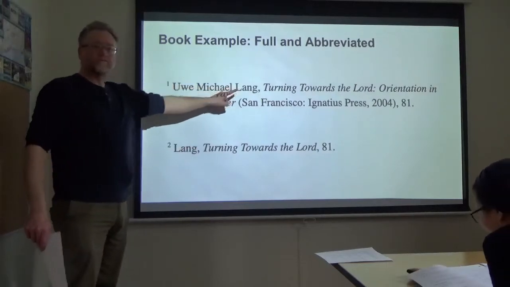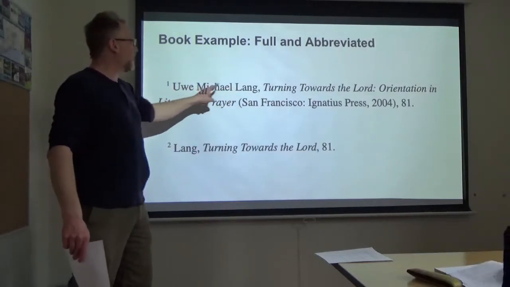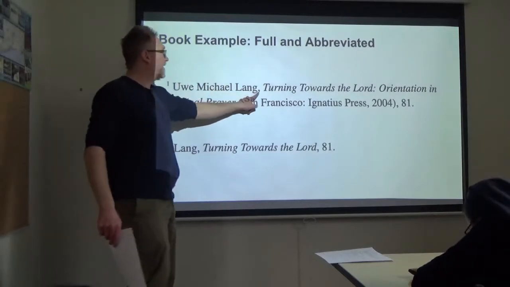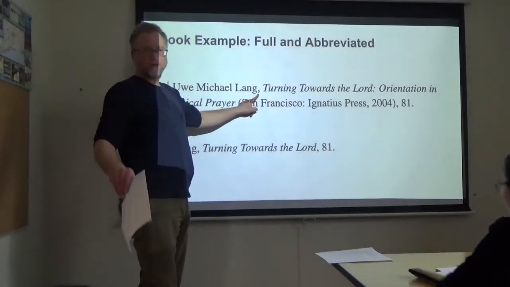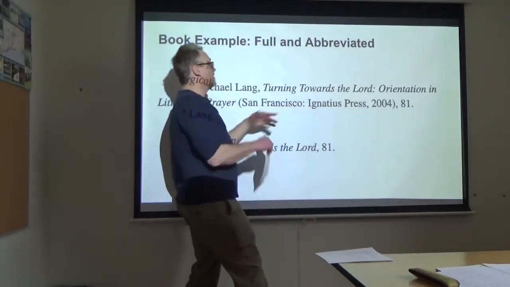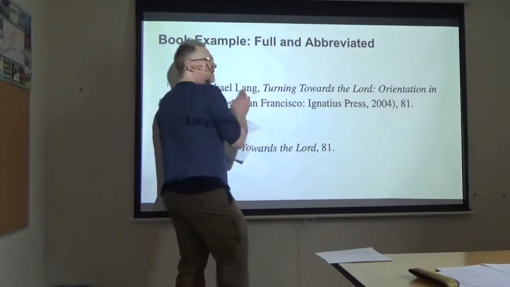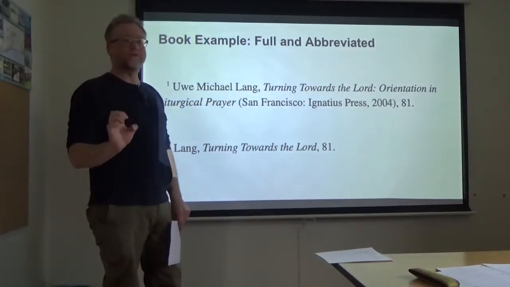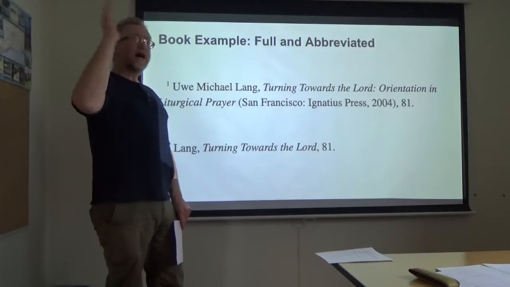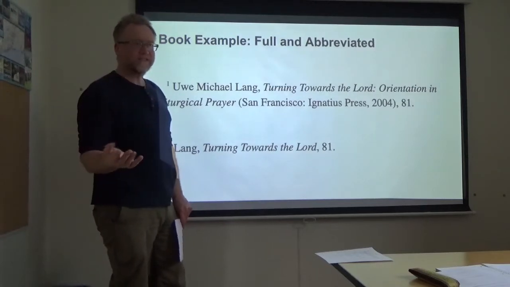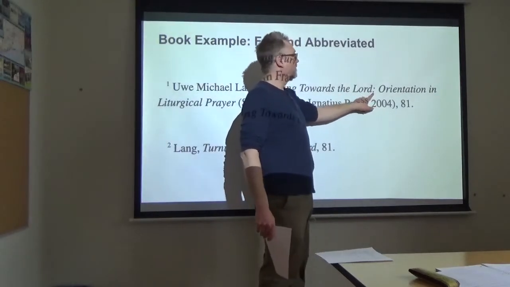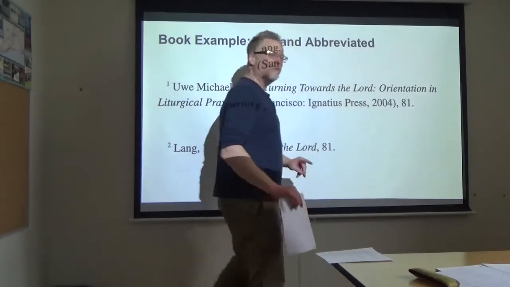Michael Lang. And by the way, this is first name, last name. What do we have next? Comma. And then what do we have next? That's the title. And the title is in what? Italics. And then what is this? Colon. And what's next?